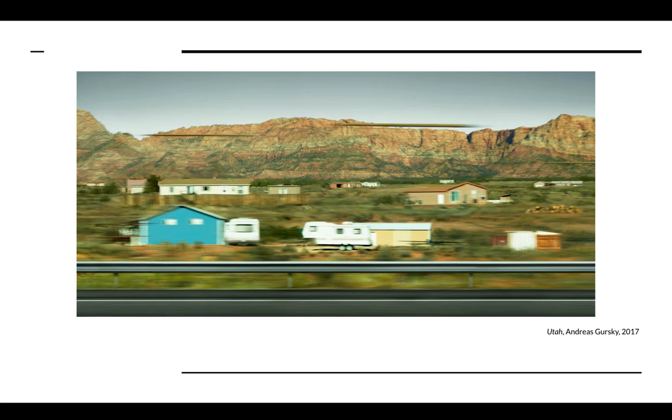So, for this first photo titled Utah by Andreas Gursky, taken in 2017, there are some obvious elements I can think of, like motion, because the photograph shows motion, and we can tell this by the blur of the houses. But some other elements of art and design I think of are time and integration. Time because of the motion.